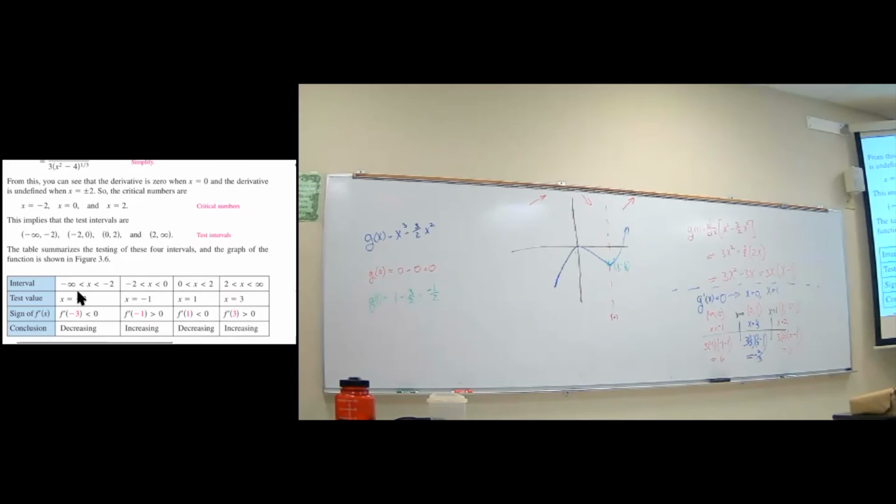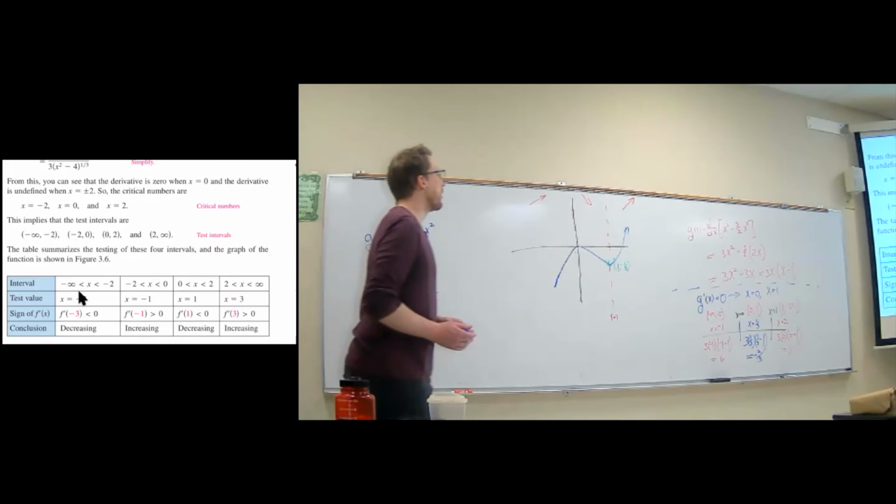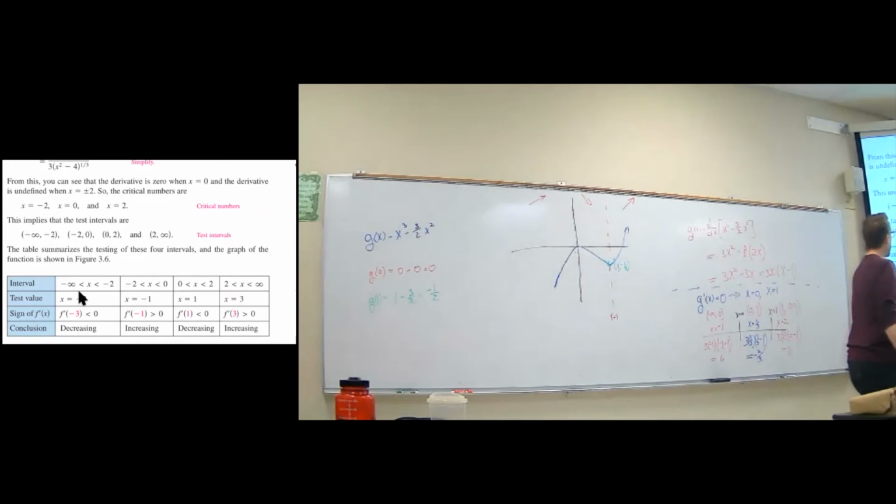So, checking, we've got our interval from -infinity to -2. Let's throw in -3. Our derivative comes out to be negative, so our function is decreasing. In the interval from -2 to 0, let's throw in x equal to -1. Our derivative at -1 is greater than 0, so our function must be increasing here.